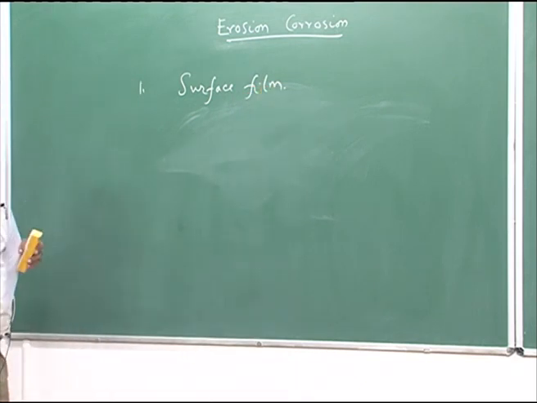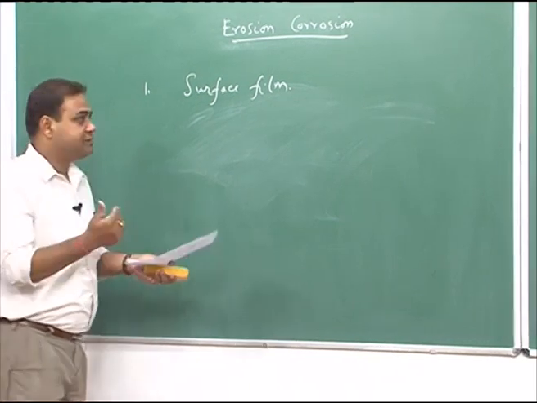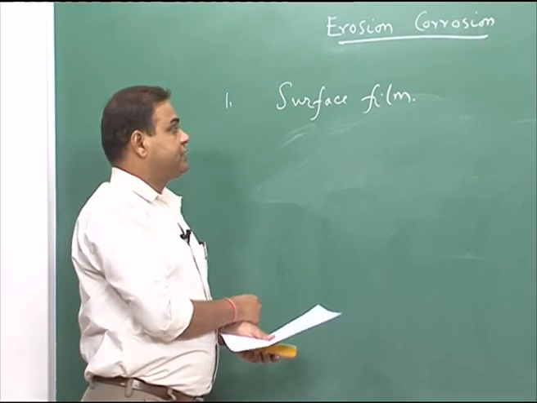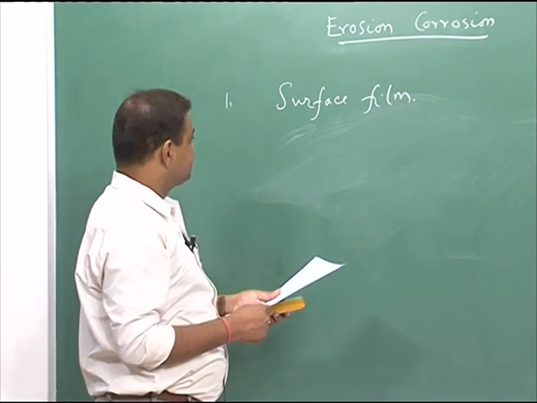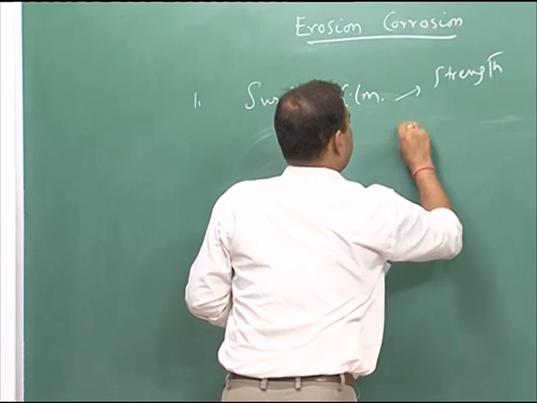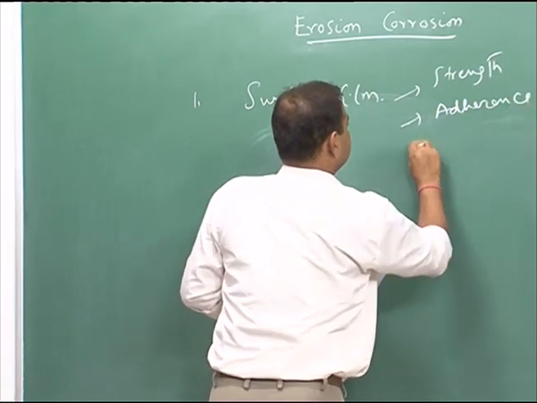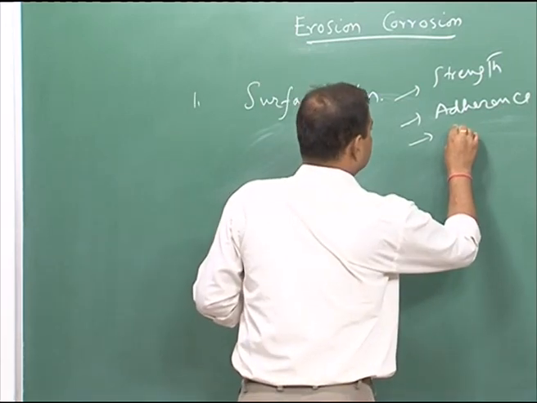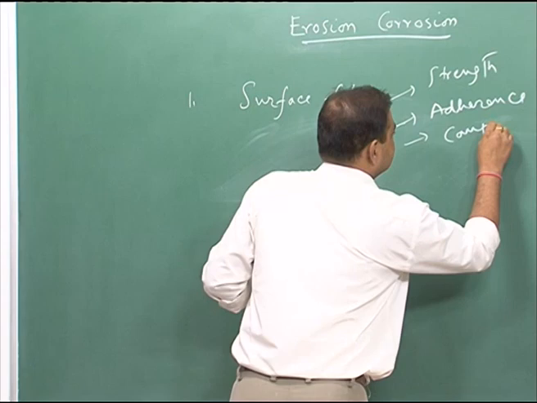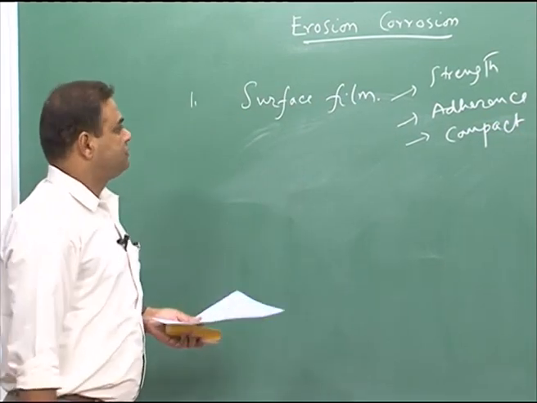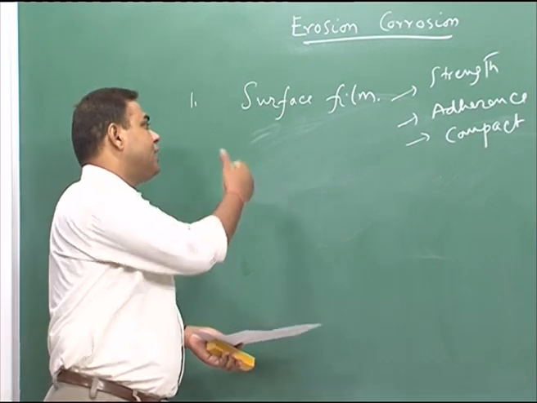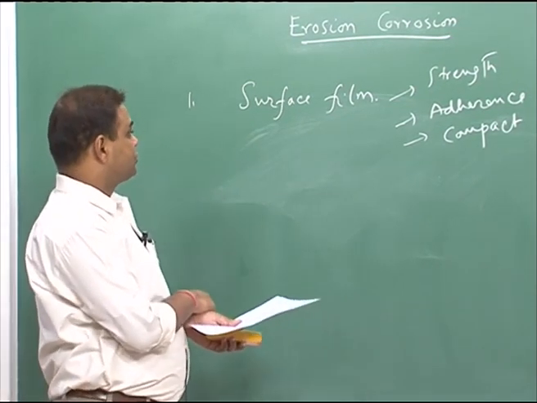The nature of the surface film, how strong it is, how adherent it is to the metal surface, that would decide the erosion corrosion resistance of that particular metal or alloy. Then, the strength, adherence, and let us say the surface film is very compact with very few defects, that surface film would definitely have very good resistance against erosion corrosion.